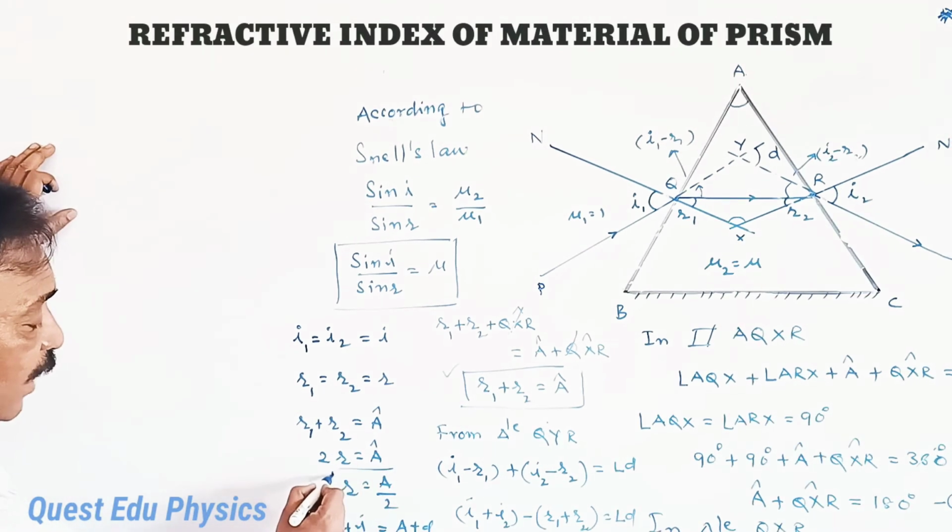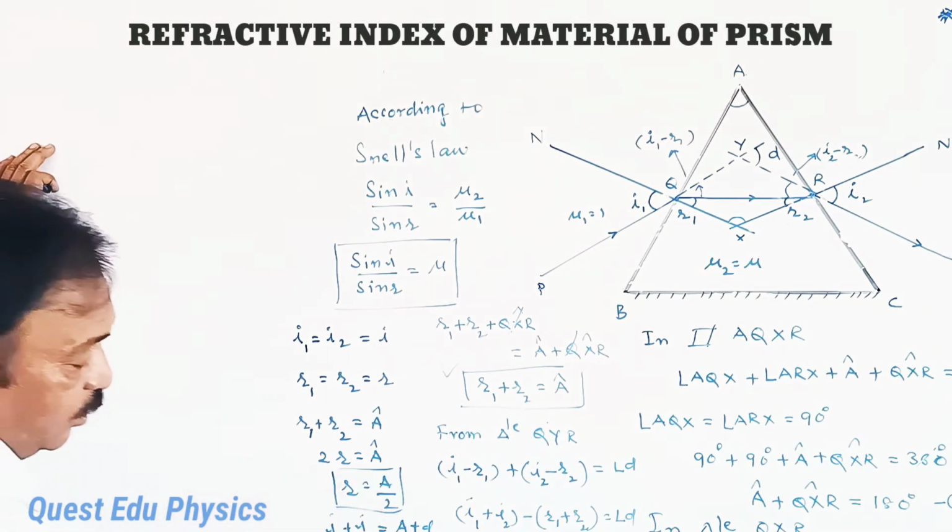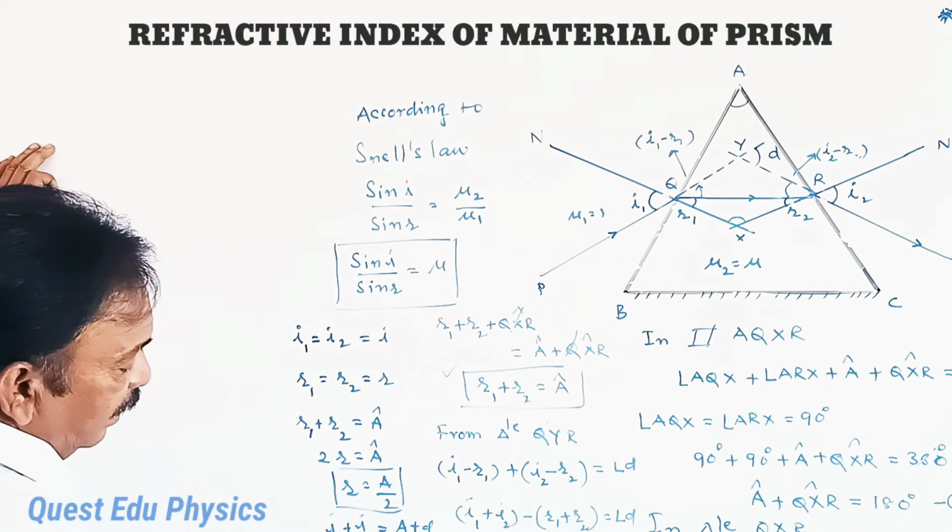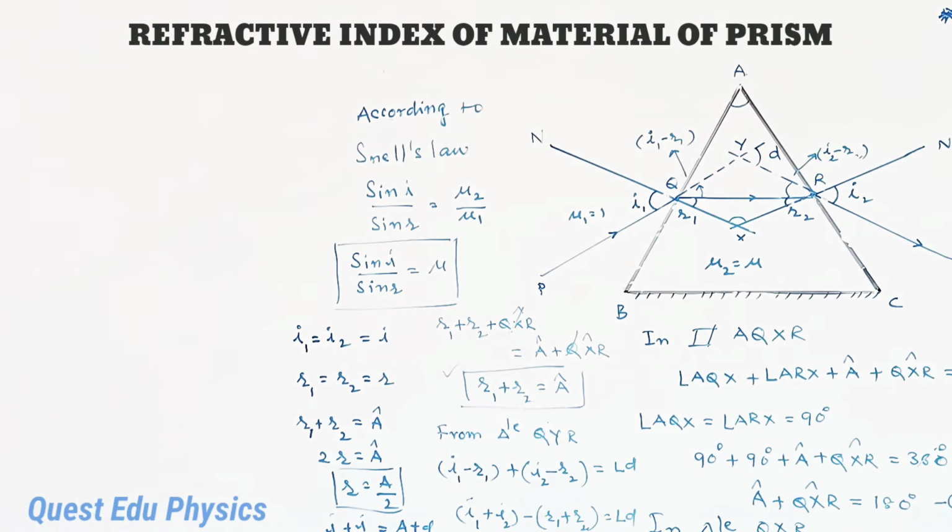Okay, students, we have angle of refraction as A by 2 and angle of incidence equal to (A plus Dm) by 2. Now we substitute these two values in this relation, that is mu is equal to sine i by sine r. It is Snell's law.